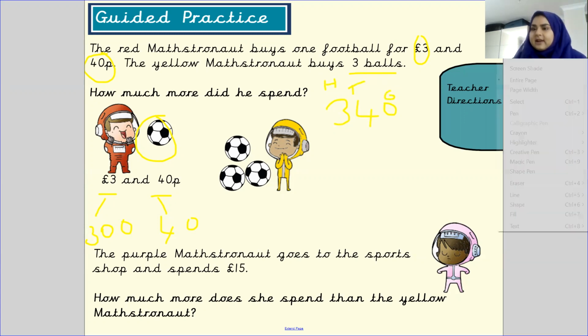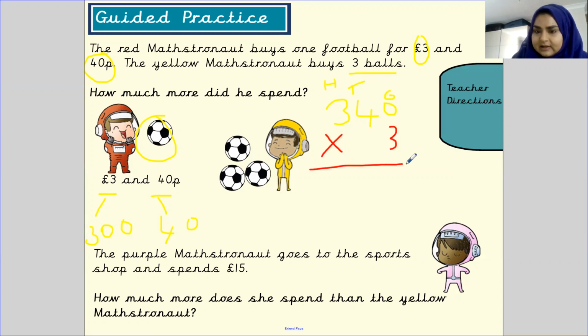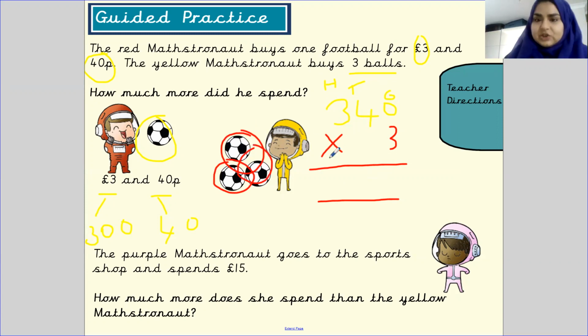Okay, and I can times that by 3 because one cost £3.40, but the yellow had 3, so I'm going to times that by 3. So let's use our times knowledge. Okay, so 3 times 0 is 0. Yeah, so I'm using my column multiplication method.